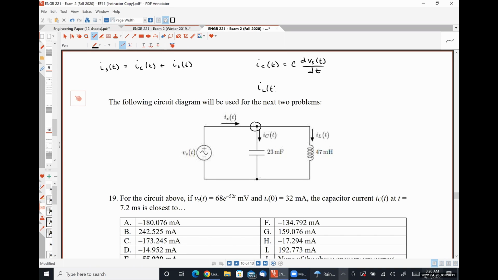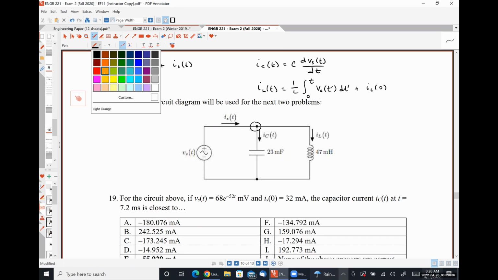And IL of t would be 1 over L integral from 0 to t of Vs of t prime dt prime plus IL of 0.